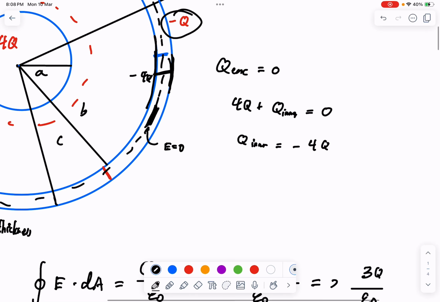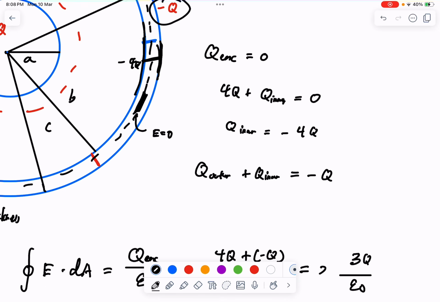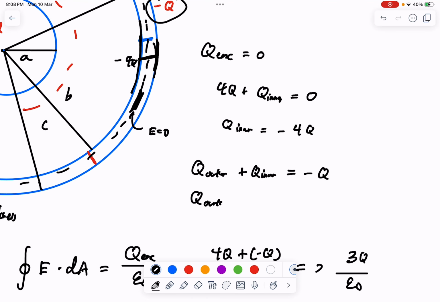And that means the outside, Q outer plus Q inner equals negative Q. That means Q outer equals negative Q minus Q inner. Q outer must equal 3Q, because negative Q minus negative 4Q is positive 3Q. So the outside here has 3Q positive.